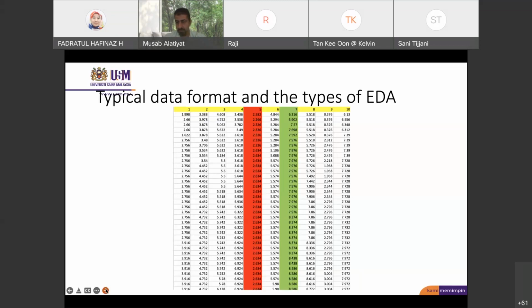So for the number column, the first row, the numbers 1, 2 until 10, is the simulation number. So I ran 10 simulations. Okay, so for each simulation, the looping or the iteration is 500. So I will have like 500 rows, right?